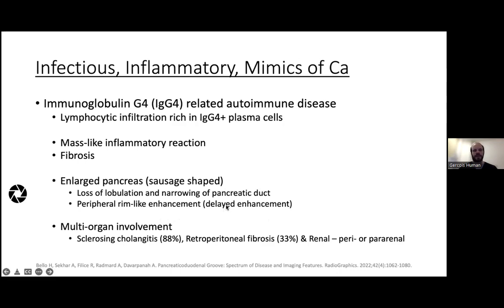That's quite pathognomonic when you have a sausage shape with a rim-like enhancement, but you won't necessarily always see this. It is a multi-organ disease, associated with sclerosing cholangitis, retroperitoneal fibrosis, or it can even involve the kidneys, perirenal. Interesting to know is that IgG4 will always involve the pancreas at some stage. It doesn't necessarily have to be at the beginning, but it can be throughout the disease.